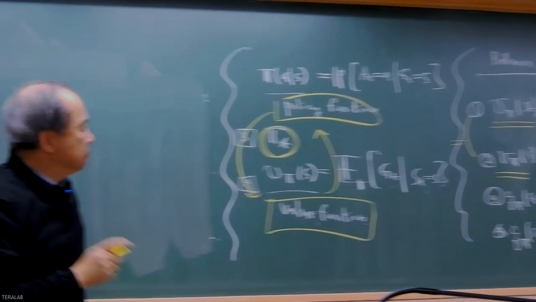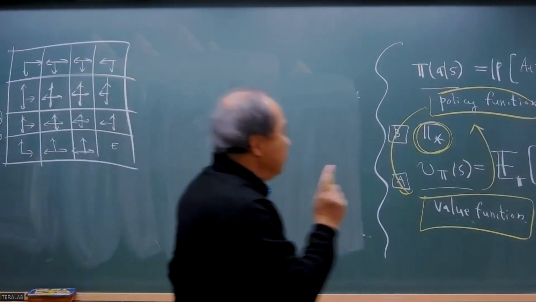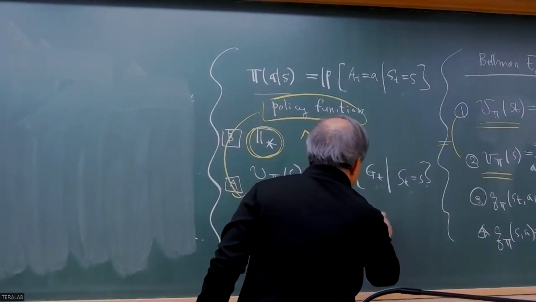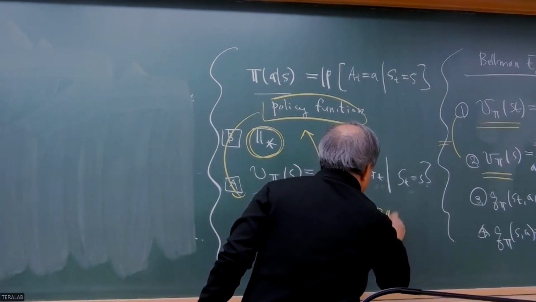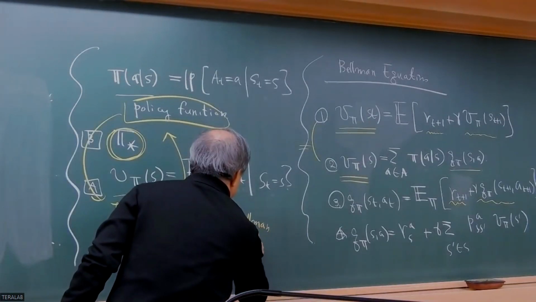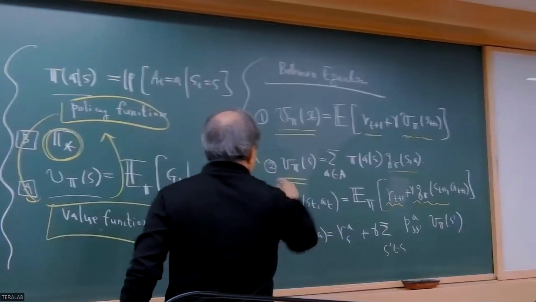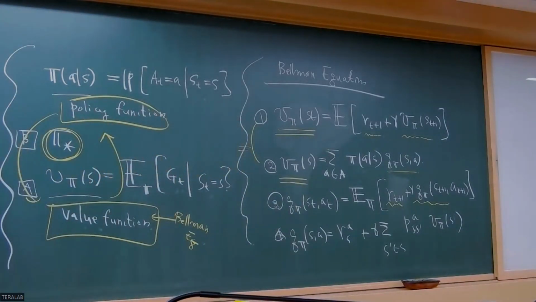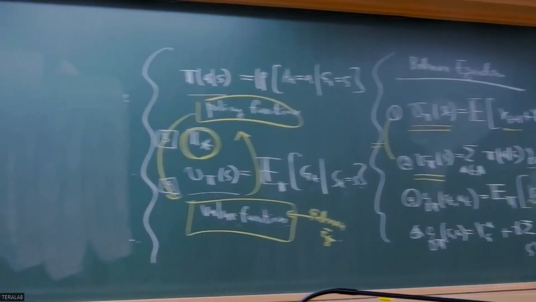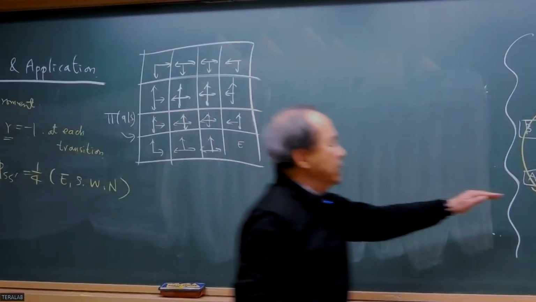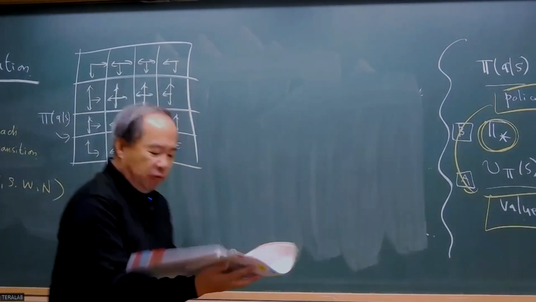That is our goal. When obtaining this value function, we're going to use the Bellman equation, especially numbers 1, 2, 3, 4. So our next step is how to calculate the value function.